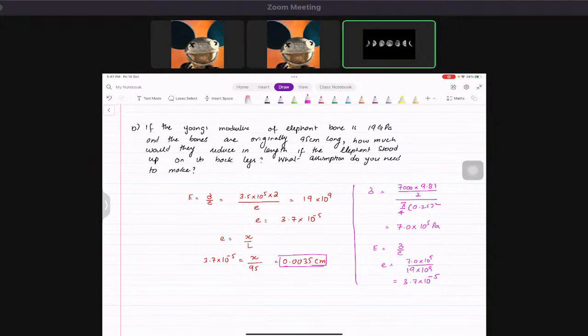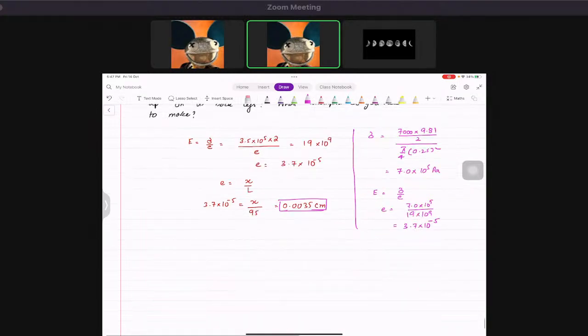Yeah. So basically, there are a couple of assumptions that you can write, but if I were you, I would write that we are assuming that both legs are perfect cylinders and the weight is equally divided between two.